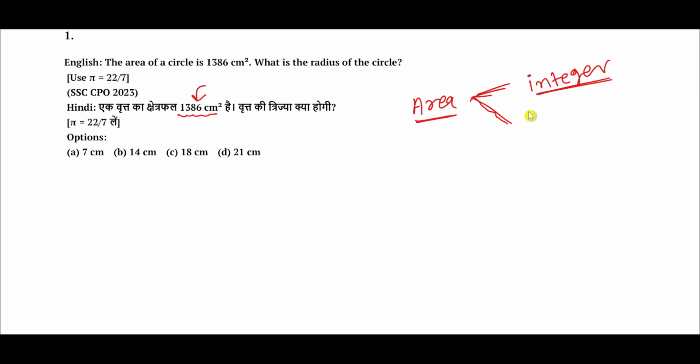Here you can easily find out whether the nature of the area is integer or maybe decimal. Don't focus on spelling, just understand the meaning I want to deliver to you. I know the spelling here is wrong, but just ignore it. So the area nature may be integer or decimal.